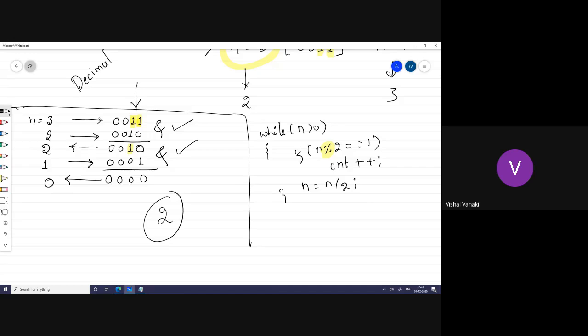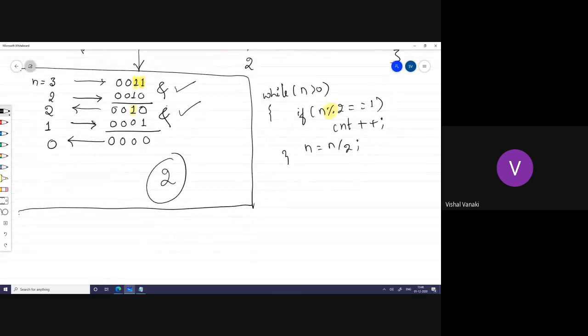The number of times we perform the AND operation is equal to the number of set bits in the given number 3. Correct?